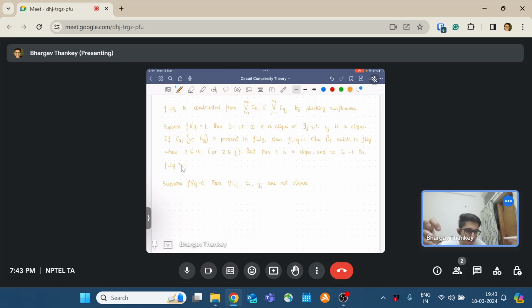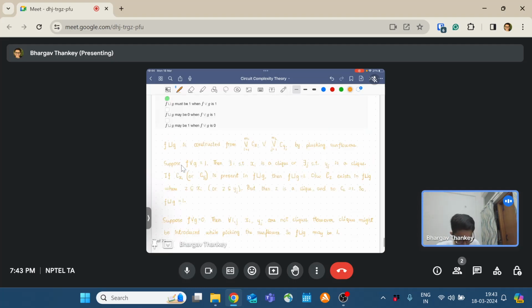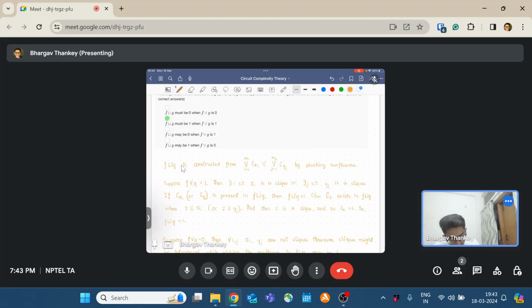The petals are not cliques, but their intersection might have a clique, right? So this means A is false and D is true.